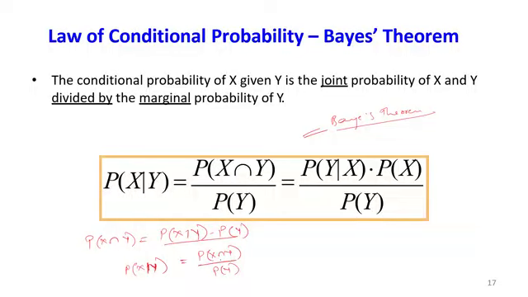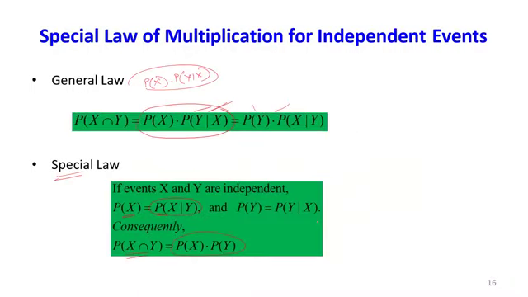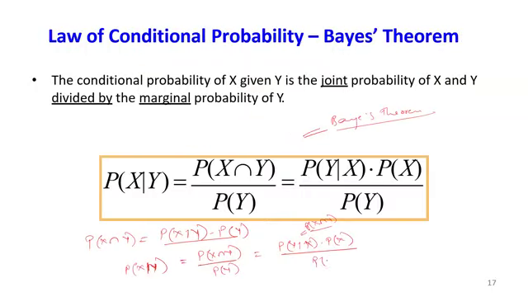We also know that if both the events are dependent on each other, if y is dependent on x and x is also dependent on y, then we can also put it this way: probability of y given x into probability of x. This numerator is nothing but P(x given y). We can put it either like this or like this, divided by P(y), which would be equal to P(x given y).